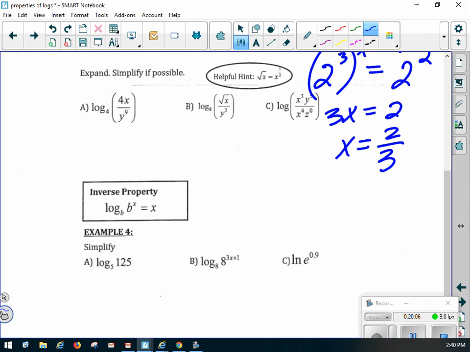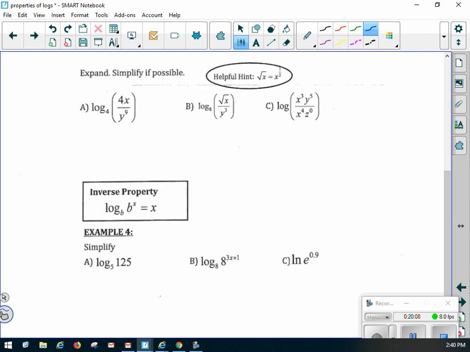Let's go to A down here. Simplify if possible. We're going to expand and simplify. Log base 4 of 4.